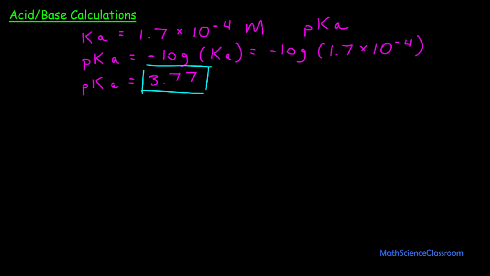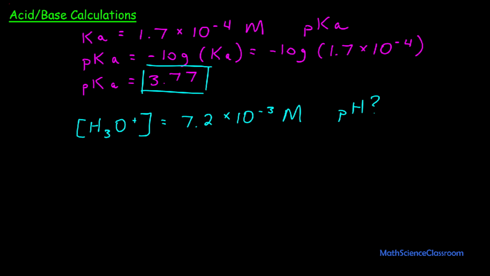Okay, next, we're given an H3O+, or the hydronium concentration, of 7.2 times 10 to the negative 3 molarity. Remember, concentrations are always moles per liter. So what is the pH? How do we calculate the pH?